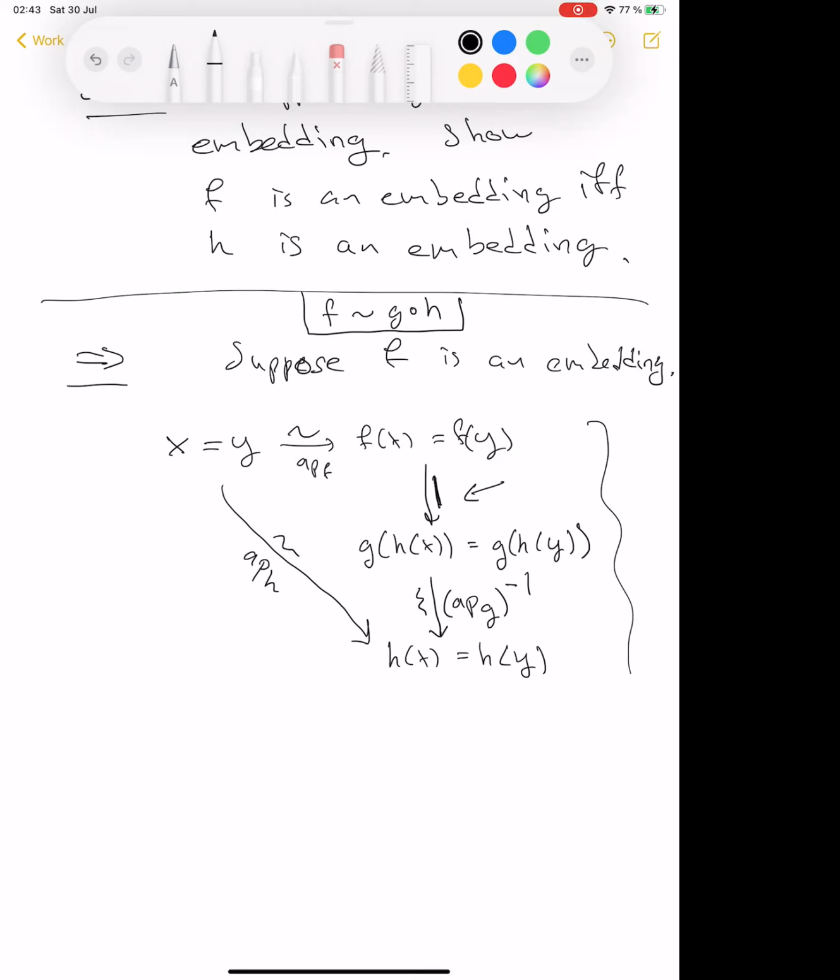Okay. So the only thing that needs to be elaborated a little bit is to prove that this arrow is app H. Yes, that this is app H. I can do it in detail if you prefer.